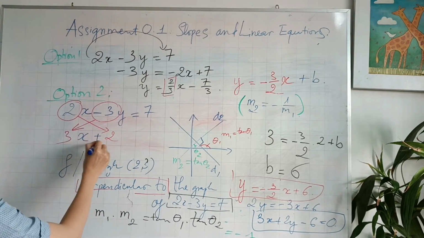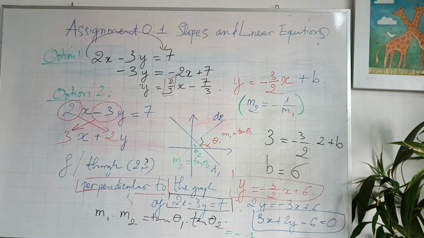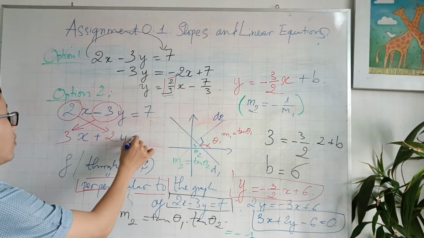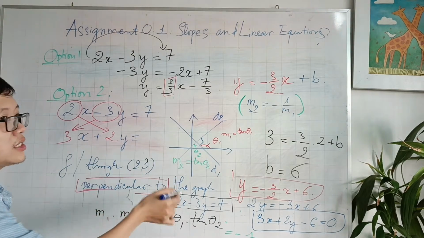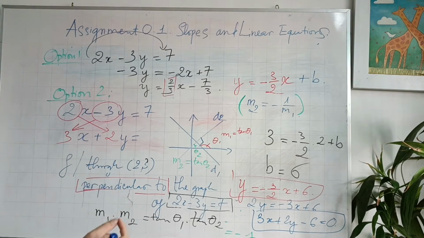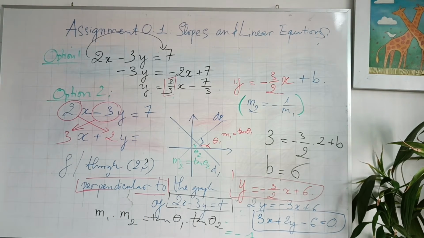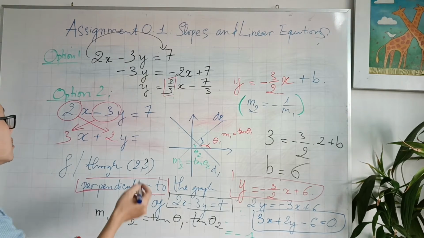3x plus 2y equals B or C, the letter represents the variable, so you can choose B or C. It is not important.